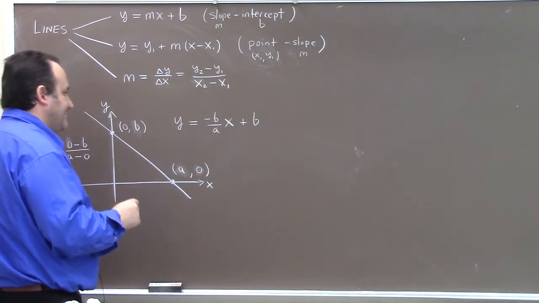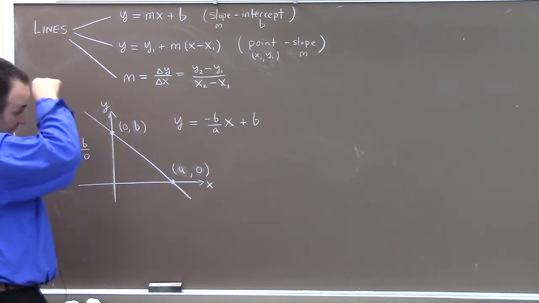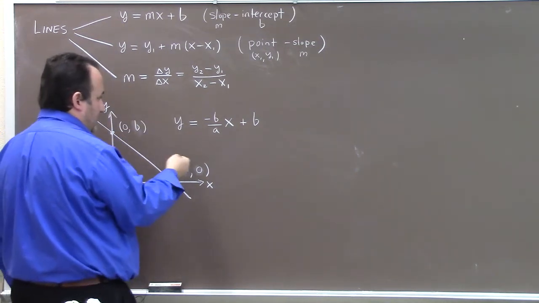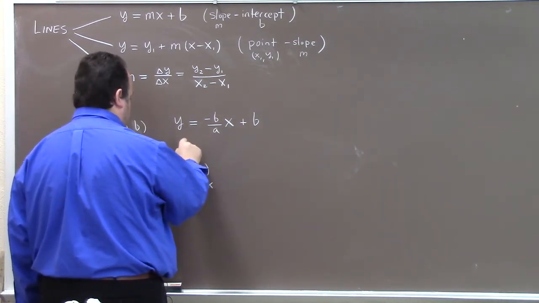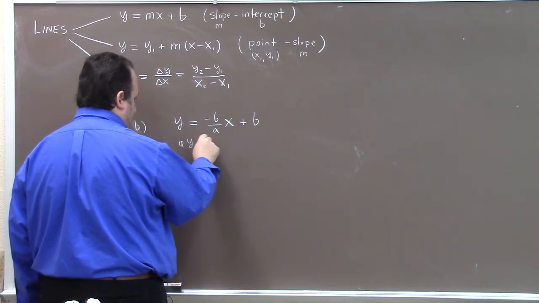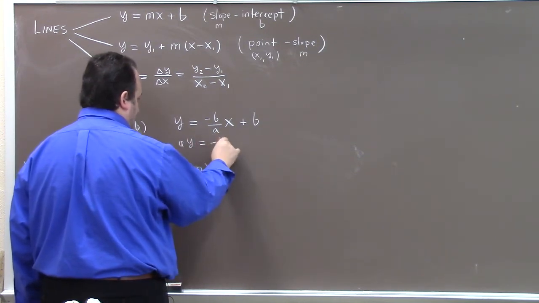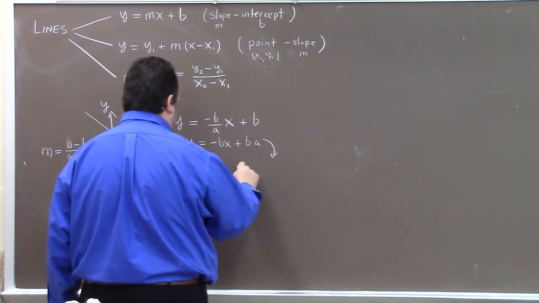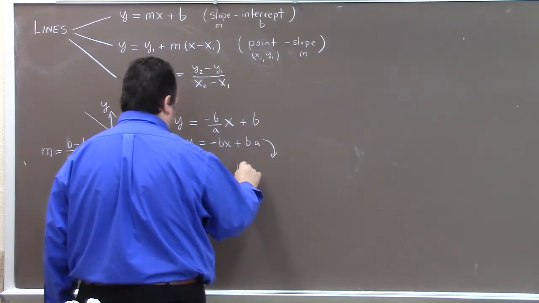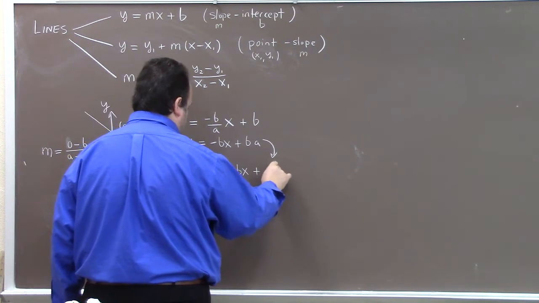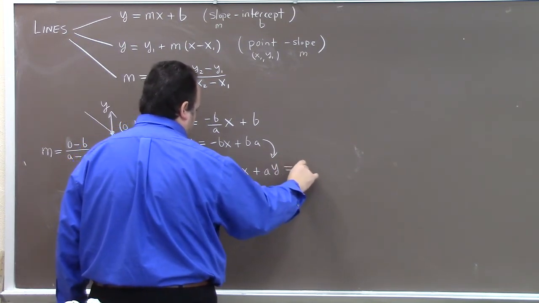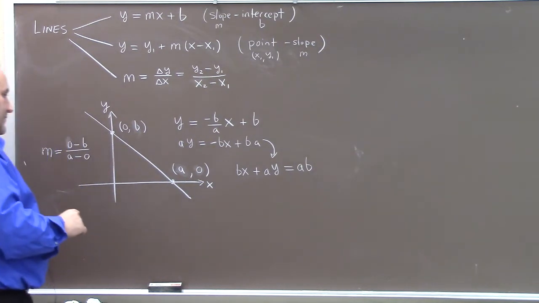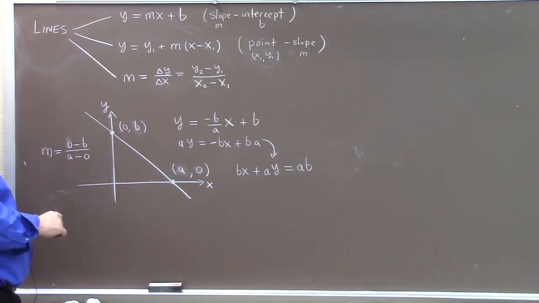Let's see here. For what it's worth, if you multiply this by a, we get ay equals minus bx plus ba. So that gives you bx plus ay equals ab, which is still a little bit weird.